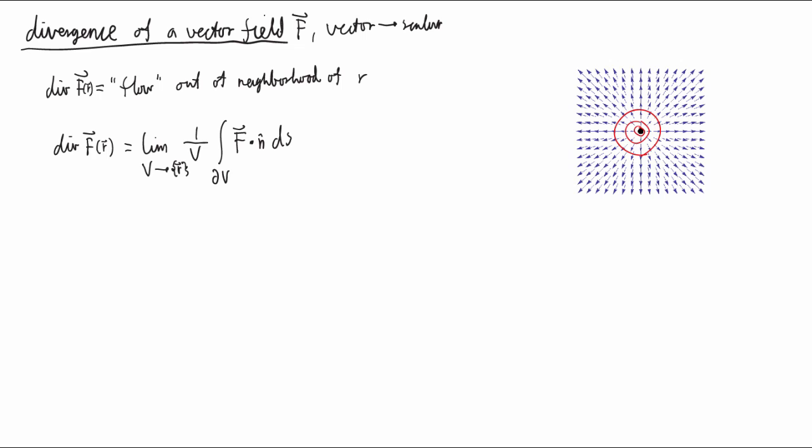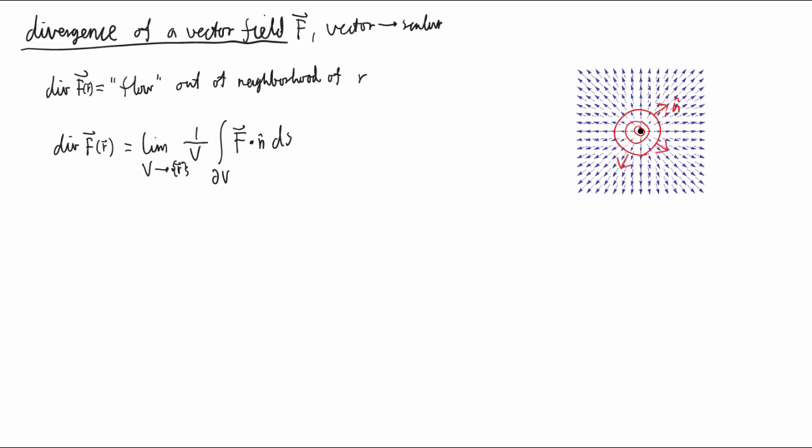So n hat is the normal vector to the surface of the volume that we are interested in. If we take the scalar product, that finds the component of F that points out of the volume and excludes the component that is parallel to the surface of the volume, which doesn't correspond to any flow.